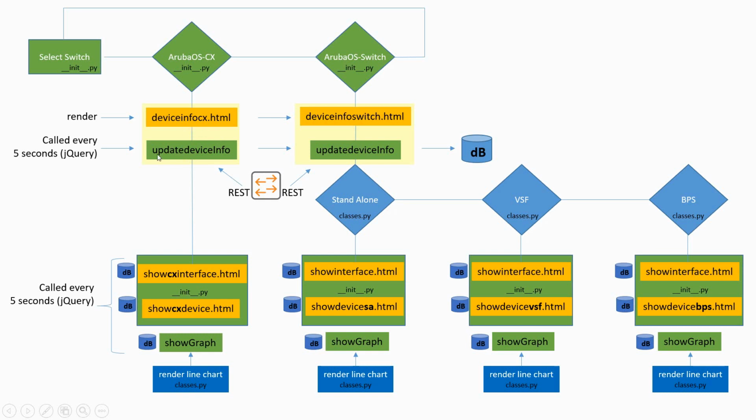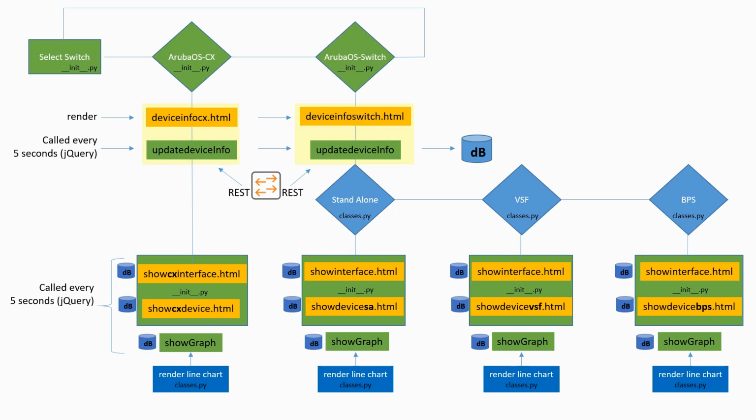The HTML page contains an HTML div, and this HTML div calls another route in the init script, which is update device. This update device route in the init script calls a definition in the classes Python script.